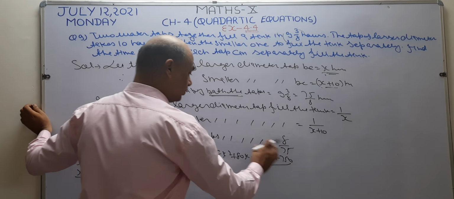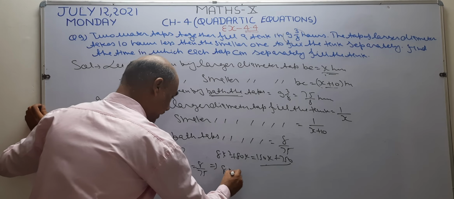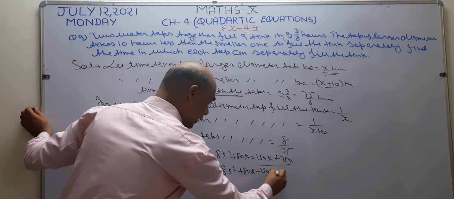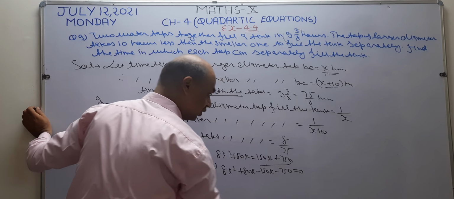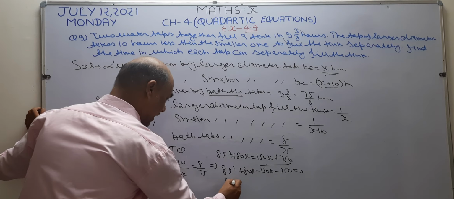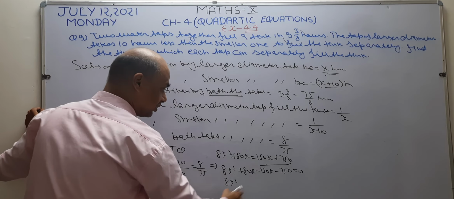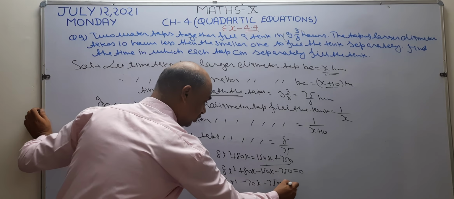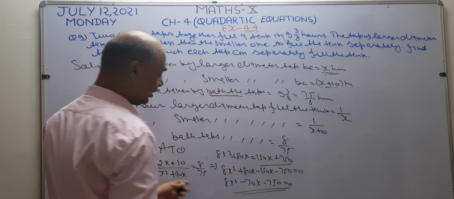Take all the terms from right to left. So this becomes 8x square plus 80x minus 150x minus 750 equal to 0. So this becomes 8x square minus 70x minus 750 equal to 0. This is the required quadratic equation.